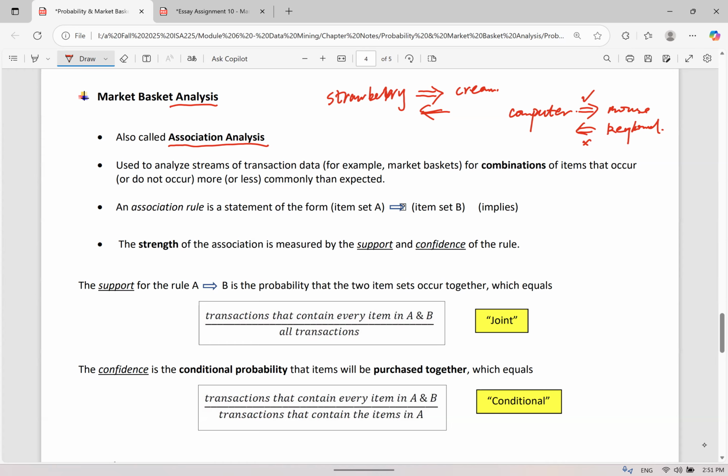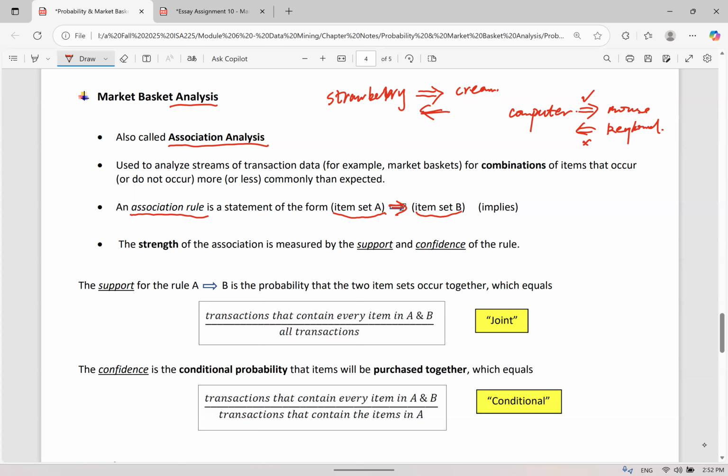So in this case, we want to define an association rule U that we say is item set A implies item set B. So we have a direction for that. That means I want to know if people buy the item set A, whether they will also go and buy the item set B.